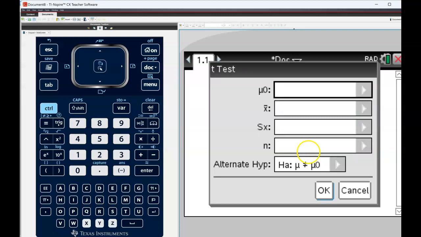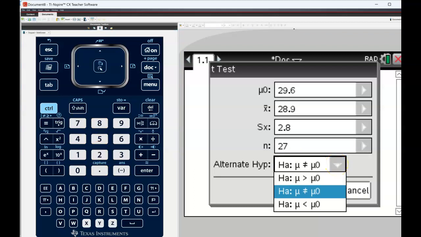So mu is the 29.6 grams. Our mean was 28.9. Our standard deviation was 2.8. We had 27 containers of yogurt, and our alternative is that it's less than.